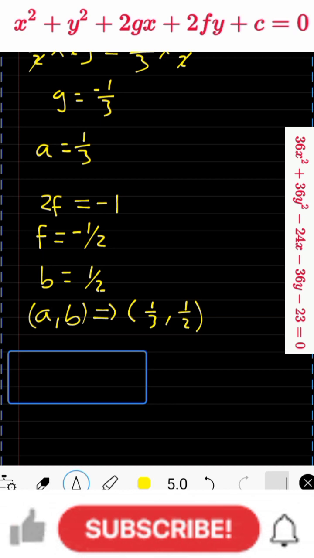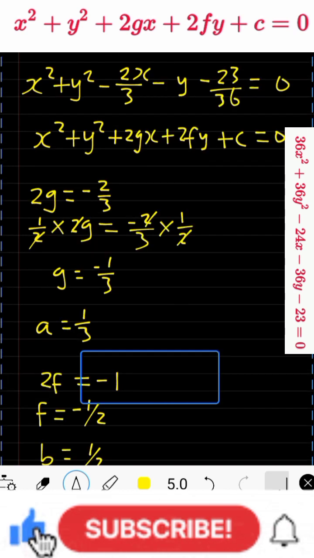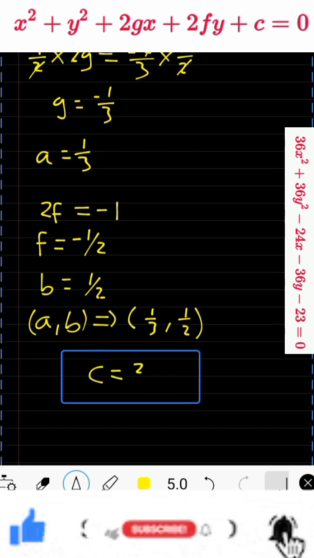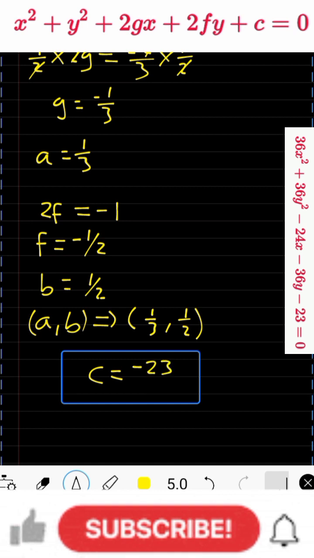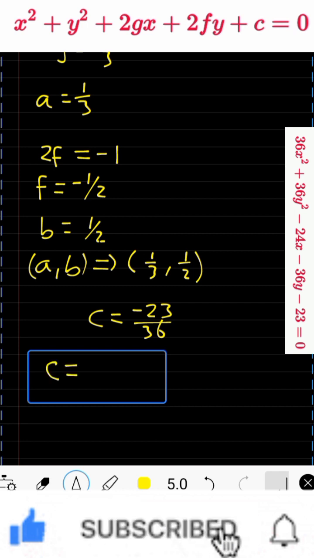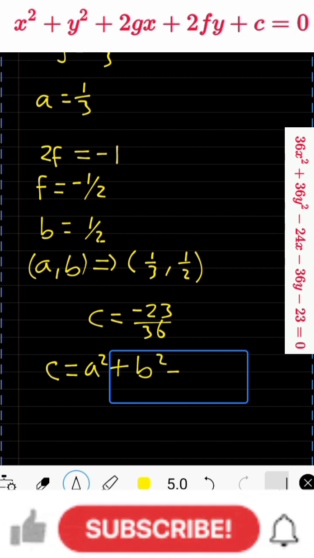So don't forget that from this equation, c is equal to minus 23 over 36. But don't forget that c is equal to a squared plus b squared minus r squared.